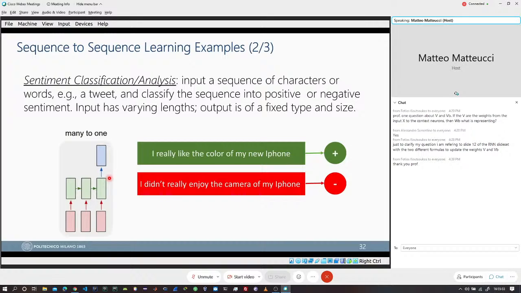So it will depend on the specific sentence which has been used for input. The state of this long short-term memory at the end of the sequence is a representation of the entire sentence. And thanks to this representation, which most likely is related to the semantics of the sentence, you should be able to classify the sentence as positive or negative in a binary case of sentiment analysis, for instance.